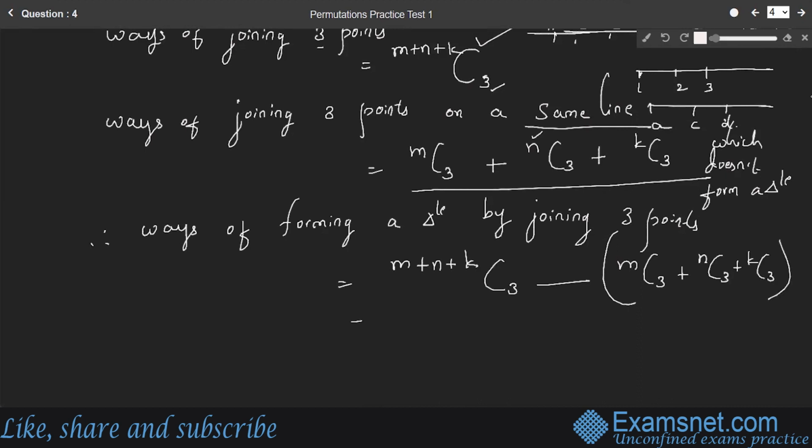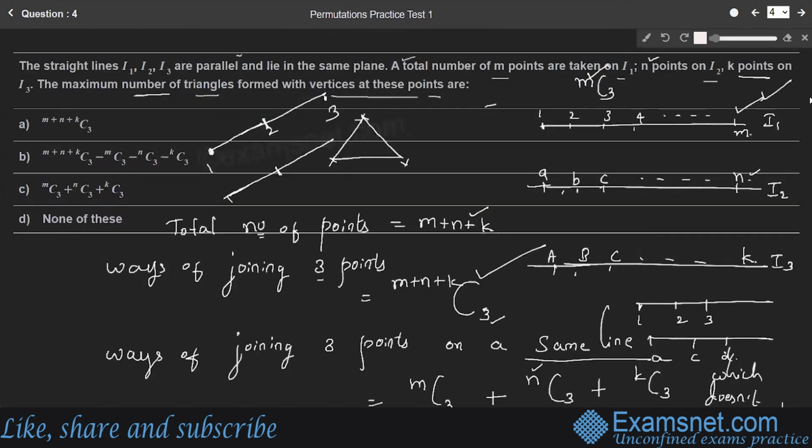On simplification, you will get m plus n plus k C3 minus mC3 minus nC3 minus kC3. These are the ways of forming a triangle by joining 3 points. So look at the options. Option B is the right answer.